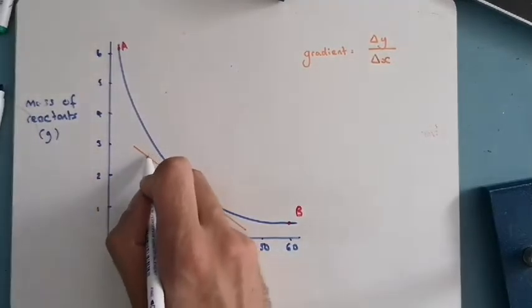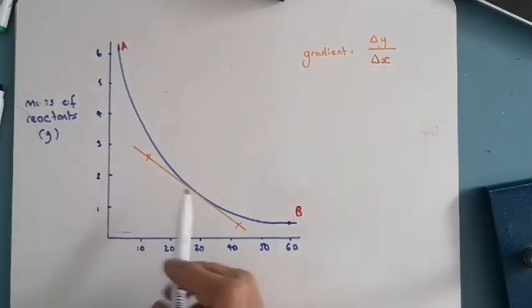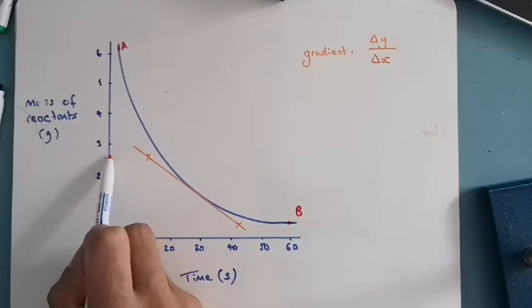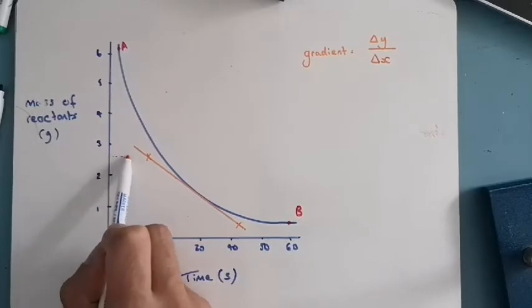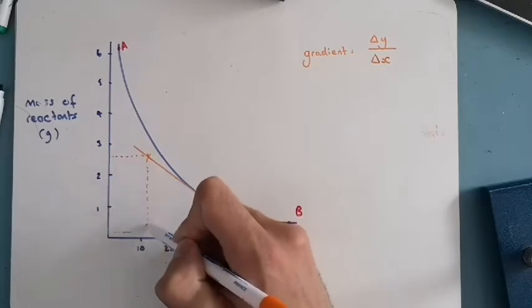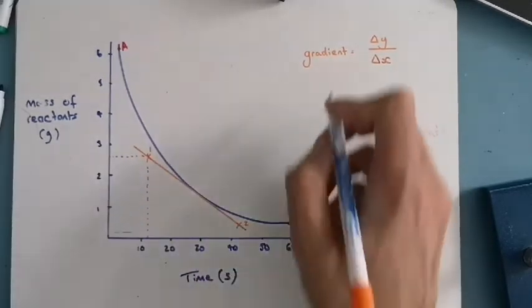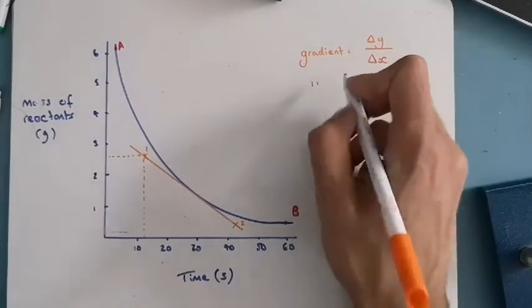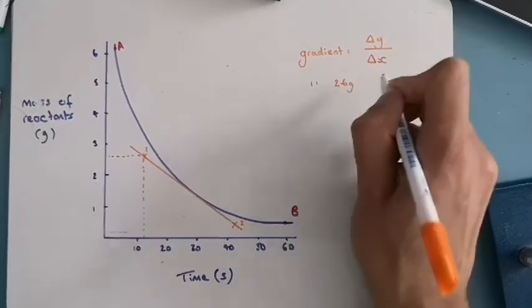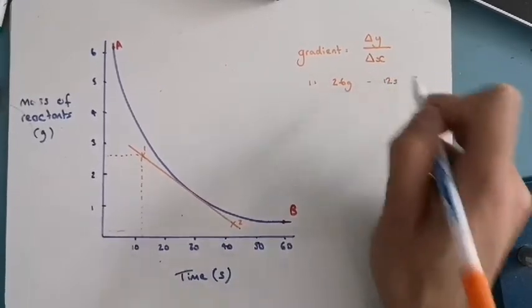I'm going to just choose 2 at random and then look at whereabouts they are. So this first point's coordinates are, if I call this 1 and this one 2, so 1 is 2.6 grams and 12 seconds.